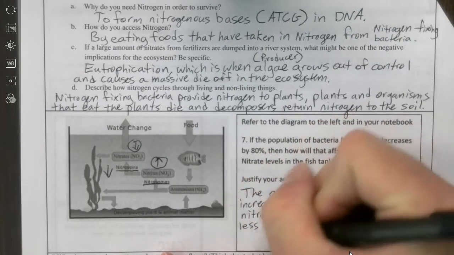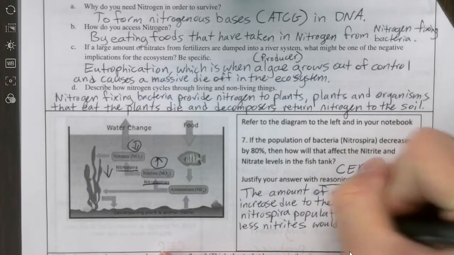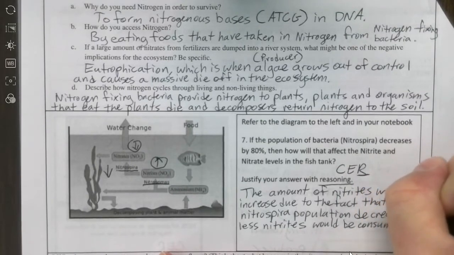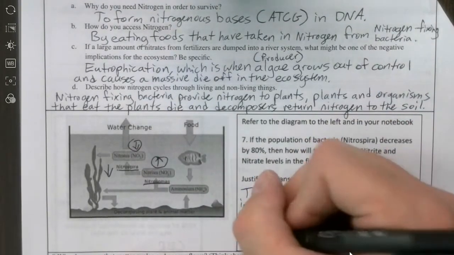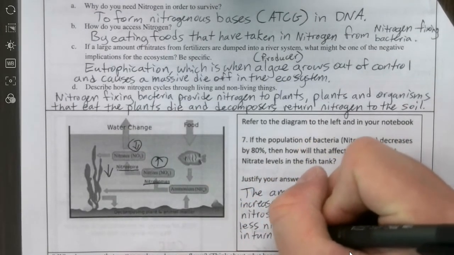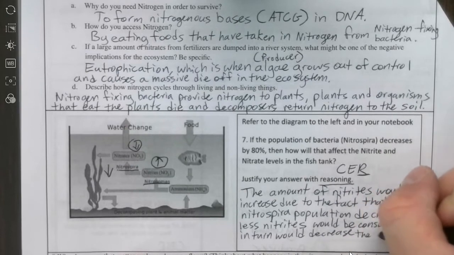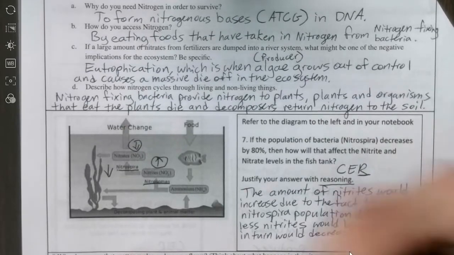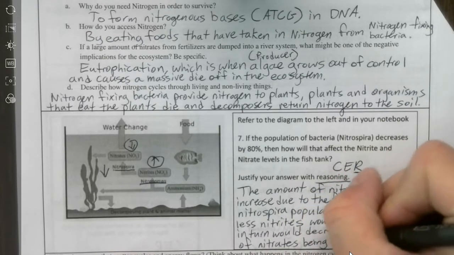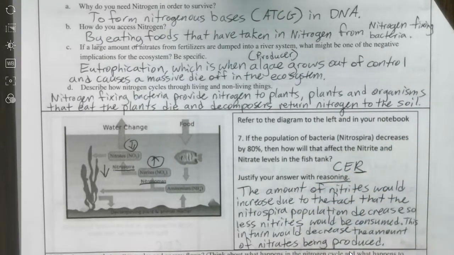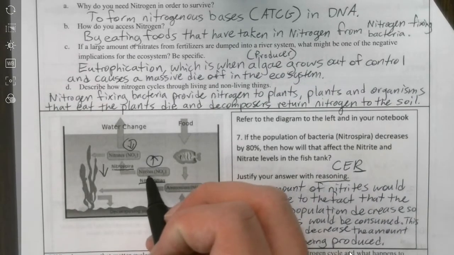So less nitrites would be consumed. So this in turn would decrease the amount of nitrates being produced. So we're decreasing Nitrospira. That means more nitrites, less nitrates.